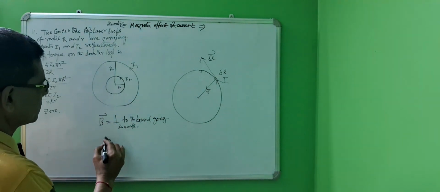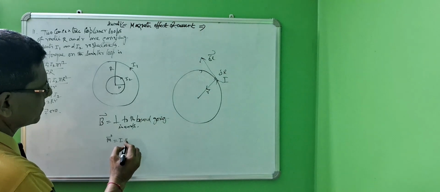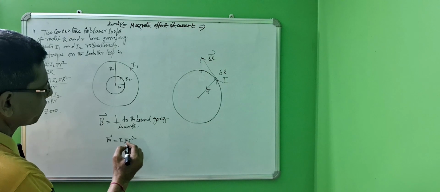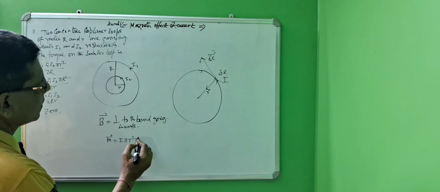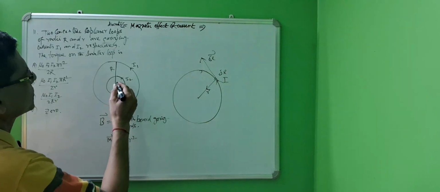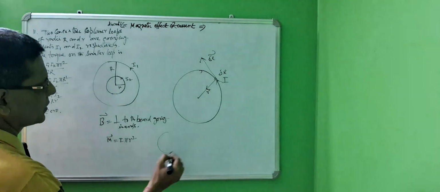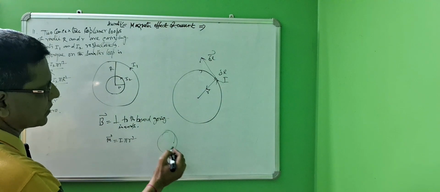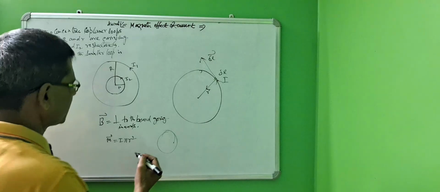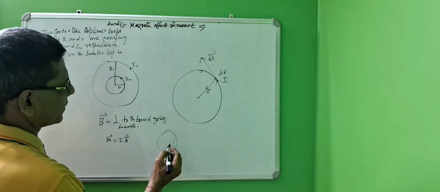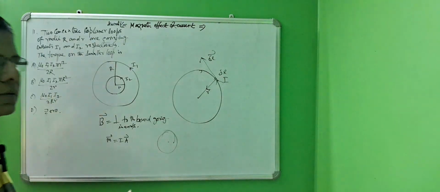M equals I into pi r square, and its surface also this, because any surface has a vector, the surface vector, area vector. Why the area vector?